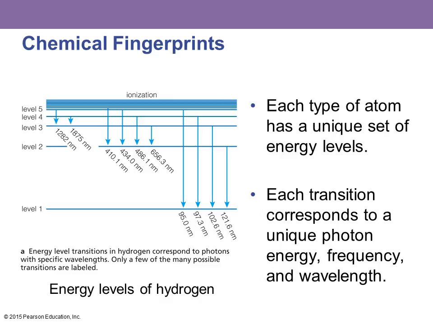That transition gives off a photon. That photon has a very specific energy, frequency, and wavelength. So in this example, these are the energy levels of hydrogen. Those jumps from one level to the other are happening at very specific wavelengths. Those are the fingerprints of hydrogen.